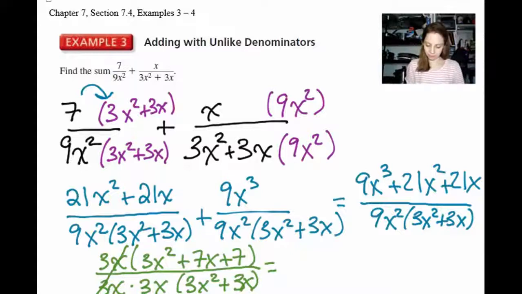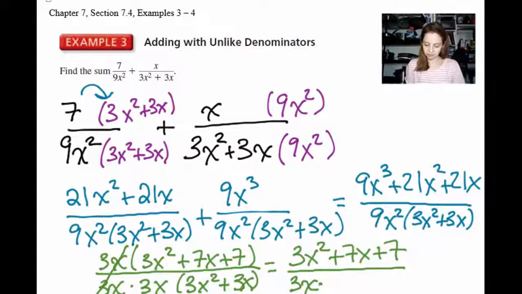And now I have 3x squared plus 7x plus 7 over 3x, and I can pull out a GCF of 3x times x plus 1.